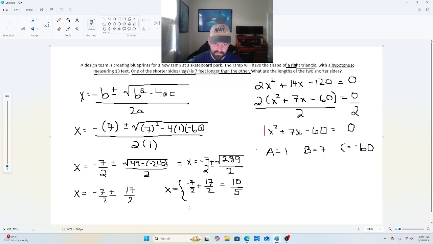And we also have that x is going to be equal to negative 7 halves minus 17 over 2. This is where, again, you want to be really careful with your subtraction, because you're taking a negative and subtracting even more. So this is going to be negative 24 over 2.